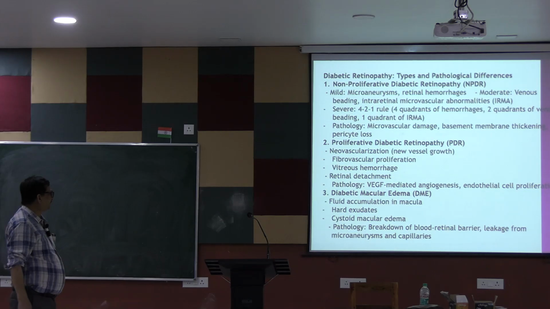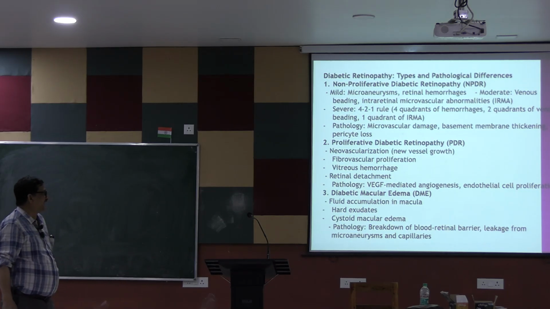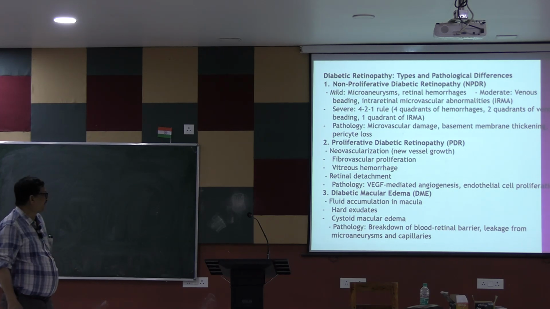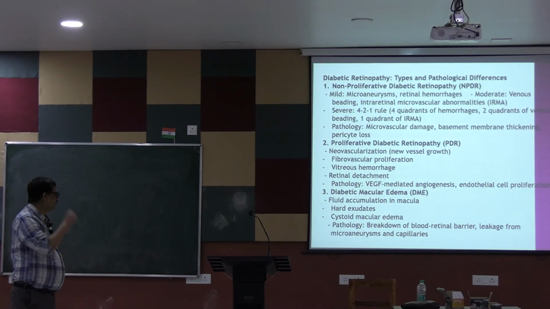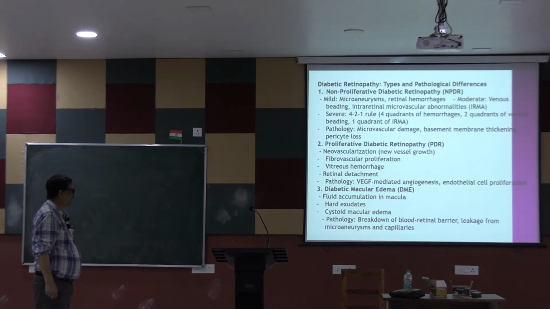Pathology is vascular endothelial growth factor mediated angiogenesis and endothelial cell proliferation. Third is diabetic macular edema. In the macula there will be accumulation of fluid, hard exudates, cystoid macular edema, and the pathology is breakdown of the blood-retinal barrier, leakage of microaneurysms and capillaries.